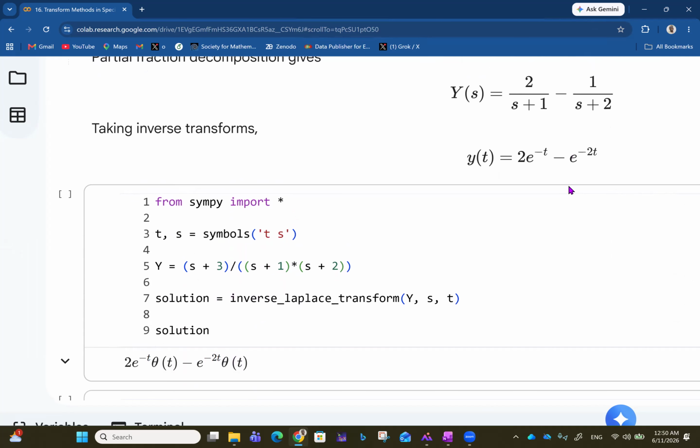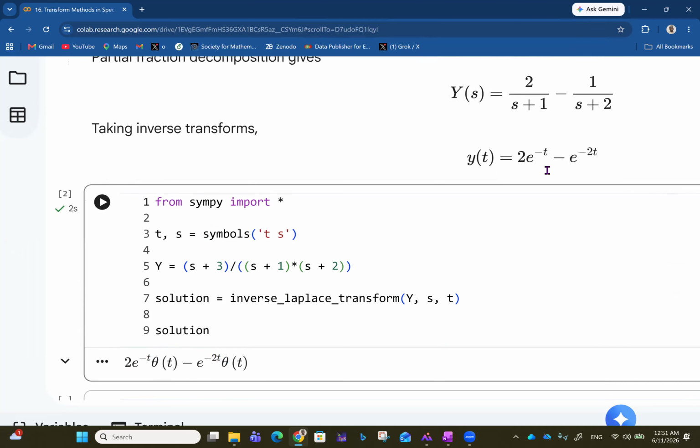So if you put that in SymPy, using symbols t and s, and here we have Y equals s plus 3 over s plus 1, s plus 2, and the solution is the inverse Laplace transform, like that. If you run the solution, you get this neat result that corresponds with what we have. That's 2 e raised to minus t theta t minus e raised to minus 2t theta t.